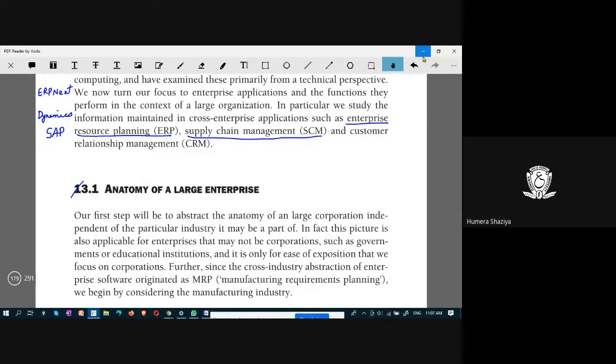It reaches you through a huge supply chain, going through various people and companies and even geographical locations. So there is a need to manage that supply chain. To manage supply chain, there are again some softwares.